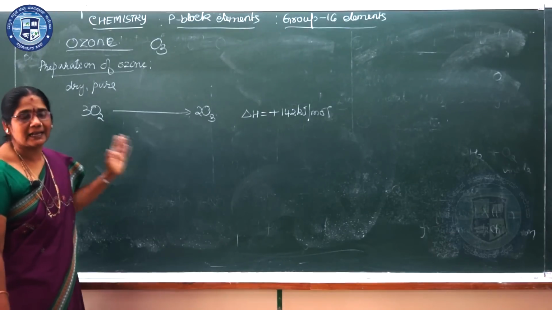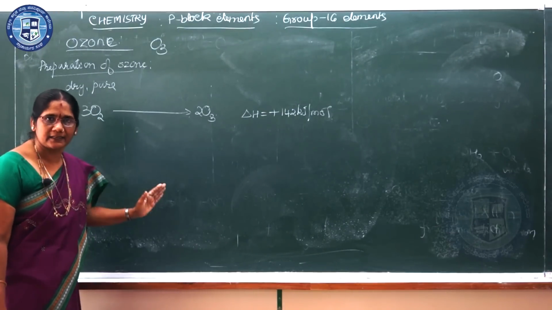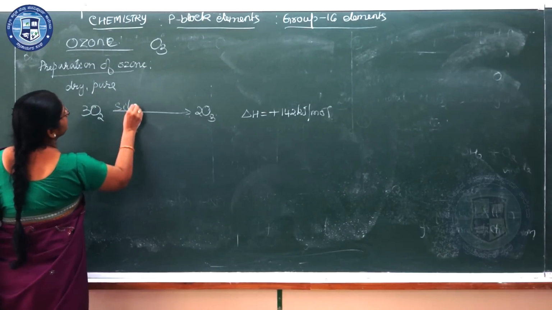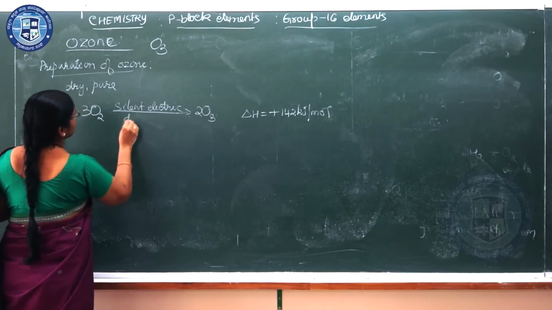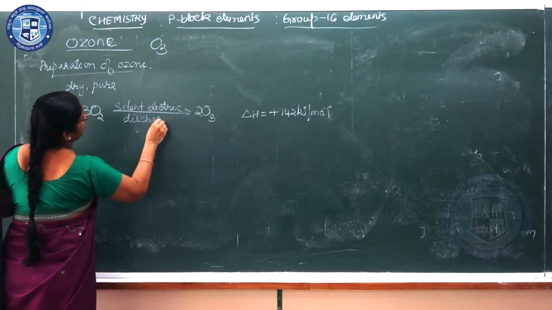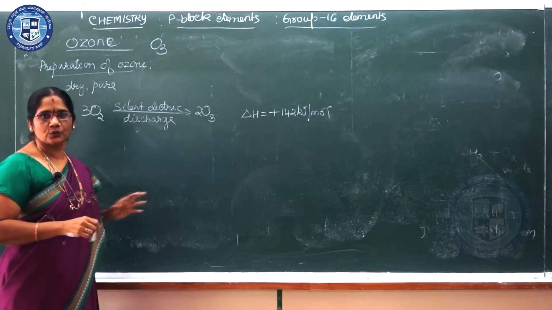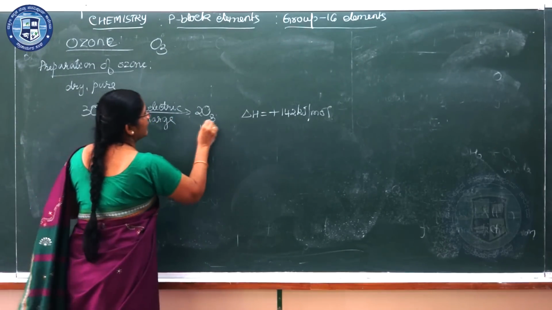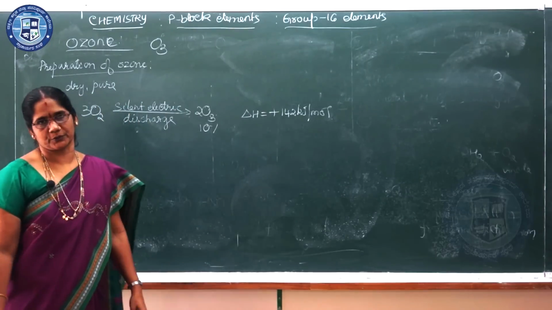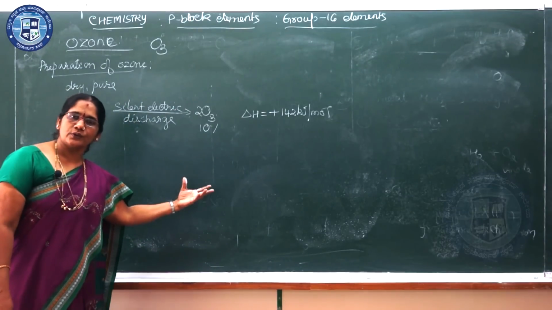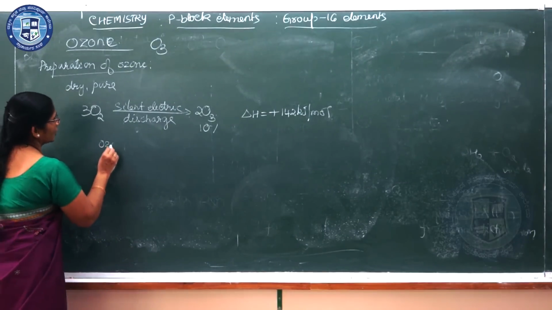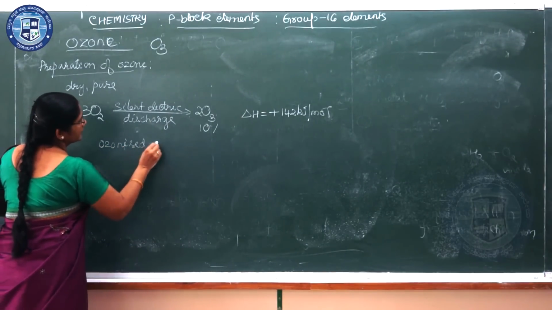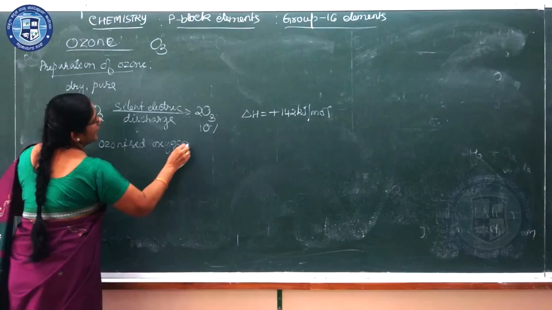So sparkless electricity called silent electric discharge converts oxygen into ozone, that too only 10% of ozone is produced. So 10% ozone mixed with the remaining oxygen is called ozonized oxygen.